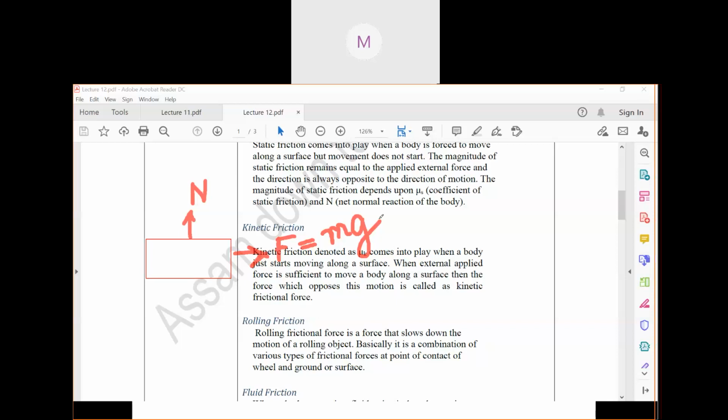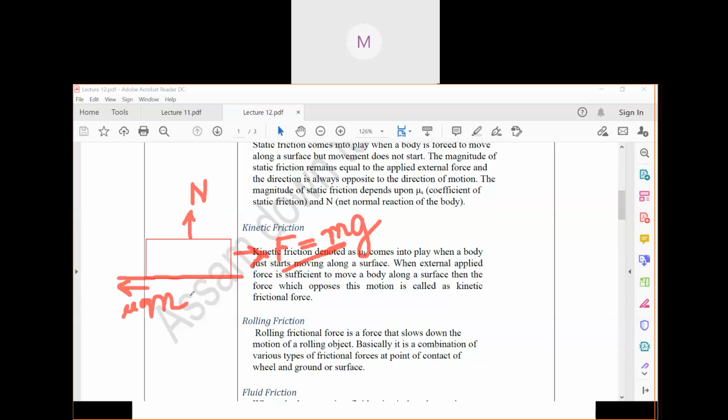F equal to mg means this is the force that is applied by you. Suppose you are pulling it, so you are applying this force F equal to mg. Now this surface will give some resistance because the body is resting on it. So an opposing force will be given, in the form of mu mg.